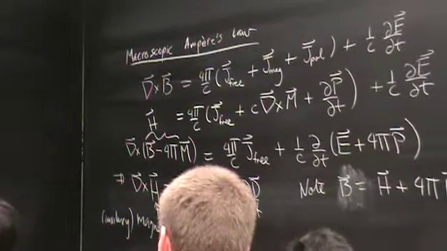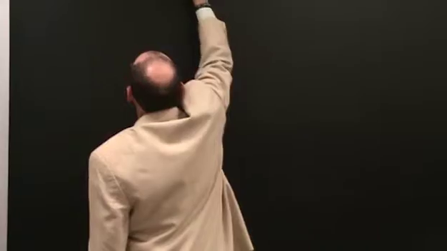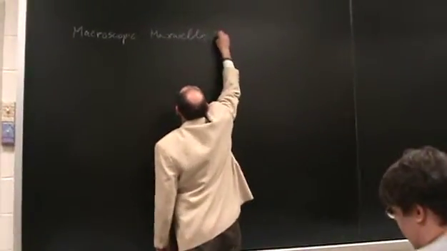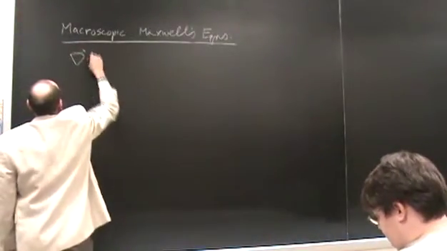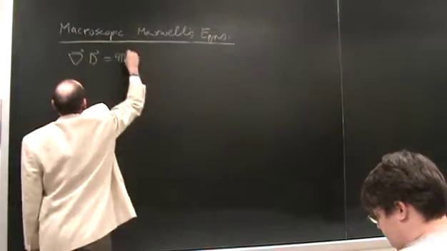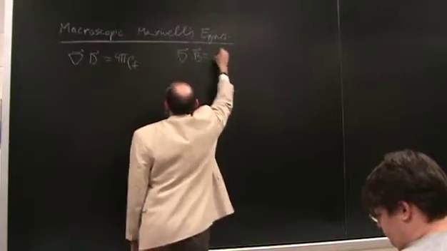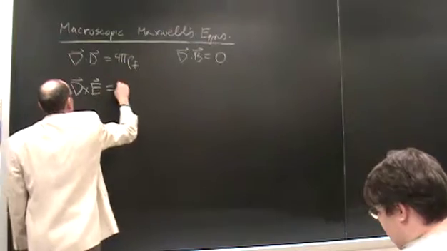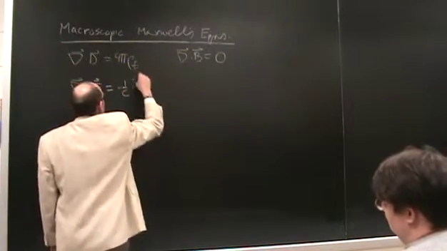Okie dokie. So we have now the macroscopic Maxwell equations. Del dot D is 4 pi rho free. Del dot B is 0. Del cross E is minus 1 over C dB/dt.